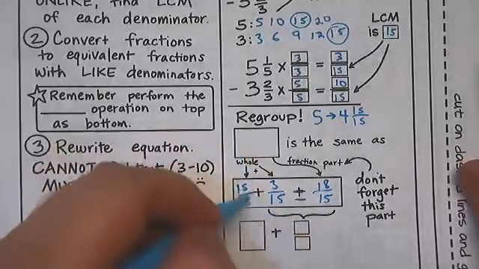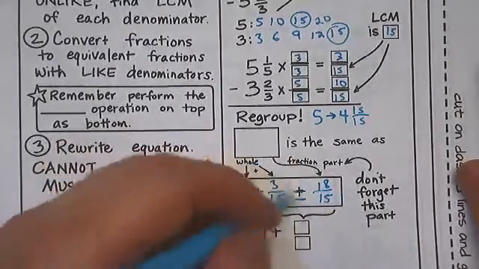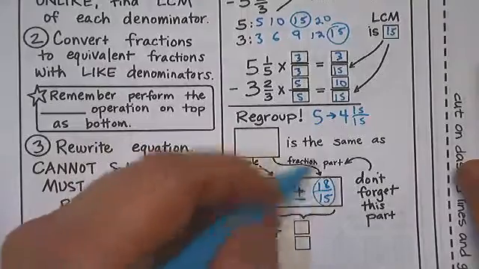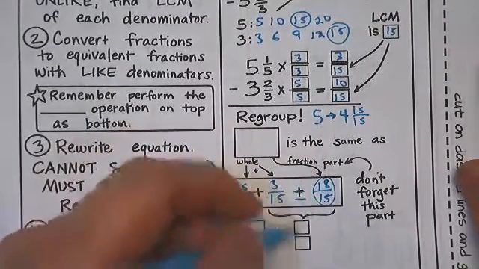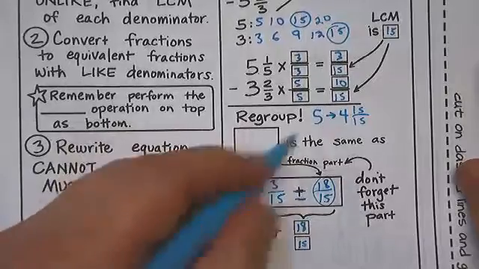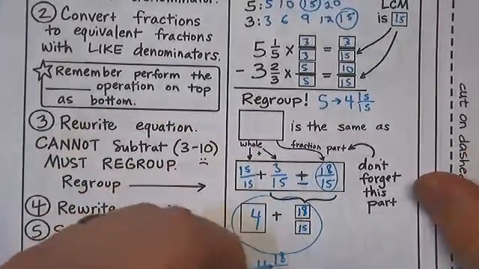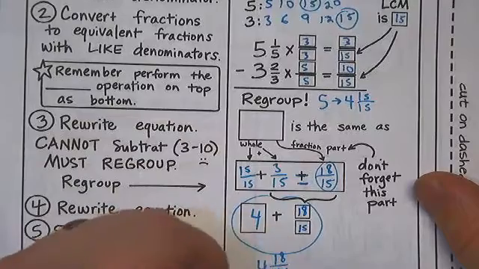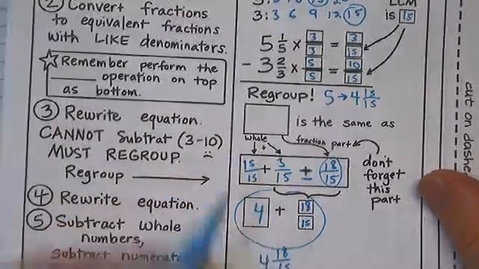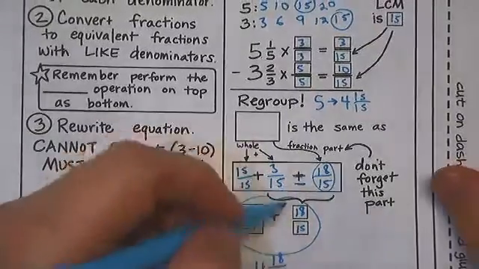So here, it's 18/15ths, and then there's the leftover. So it's 4 and 18/15ths minus 3 and 10/15ths.